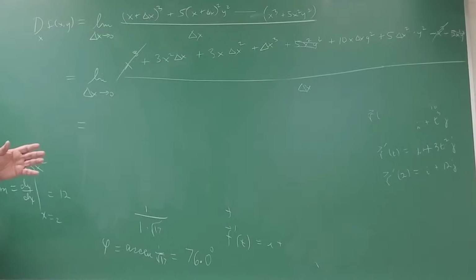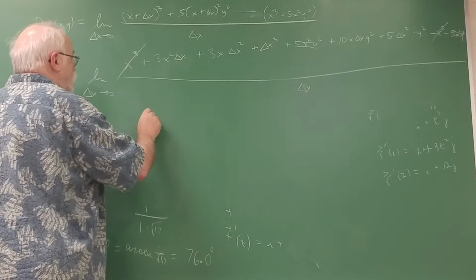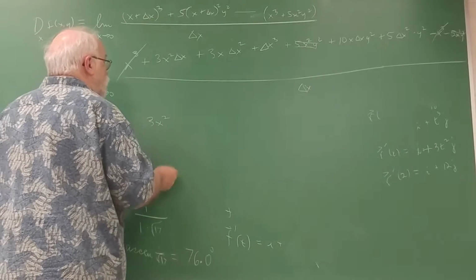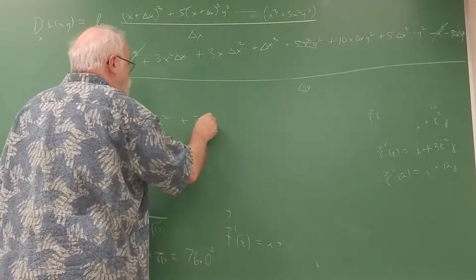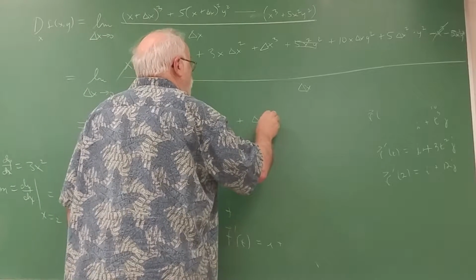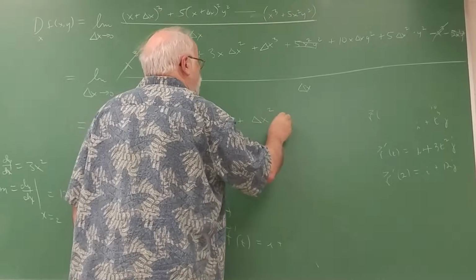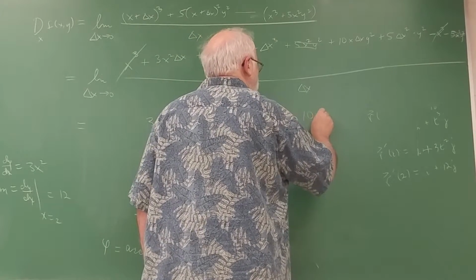You do trig functions and all that stuff, that's a lot tougher. But anyway, so I'm going to get 3x squared, the delta x cancels. One of the delta x's cancels up here. And over here, the only delta x in that term cancels.